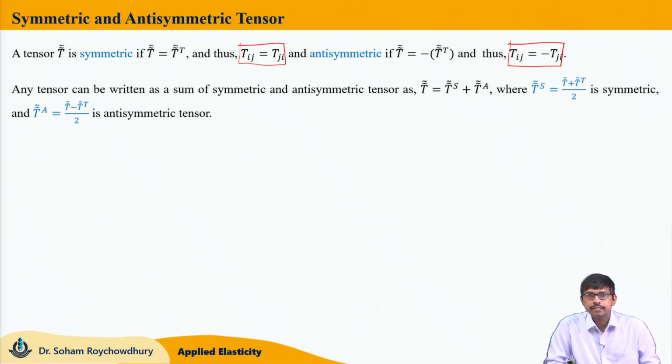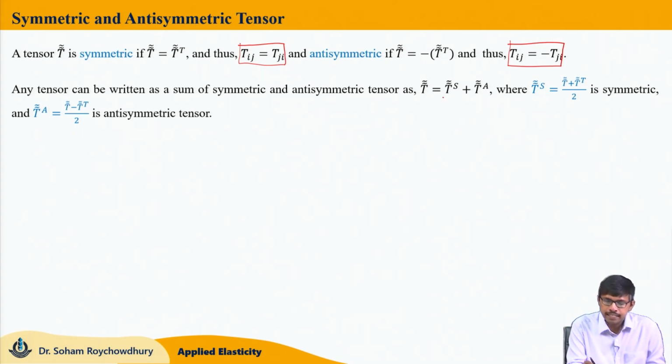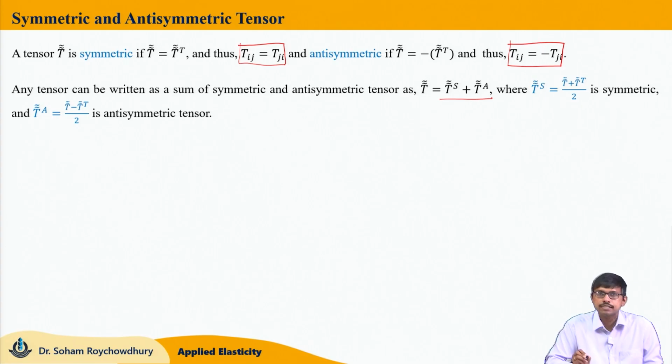Now, any tensor T can be written as a summation or superposition of one symmetric tensor and one antisymmetric tensor. So, consider any tensor T, and that is the sum of two tensors, one is T_S and another is T_A. T_S stands for the symmetric tensor, T_A stands for the anti-symmetric tensor.